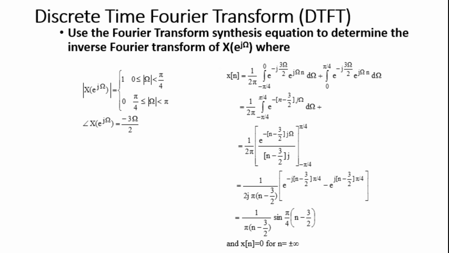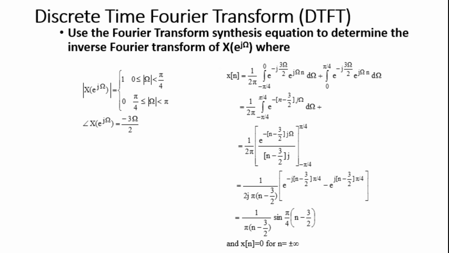Use the Fourier transform synthesis equation to determine the inverse Fourier transform of X(e^{jΩ}), where the magnitude of X(e^{jΩ}) is equal to 1 where Ω varies between 0 to π/4, and 0 where Ω varies between π/4 to π, and the angle of X(e^{jΩ}) is equal to -3Ω/2.